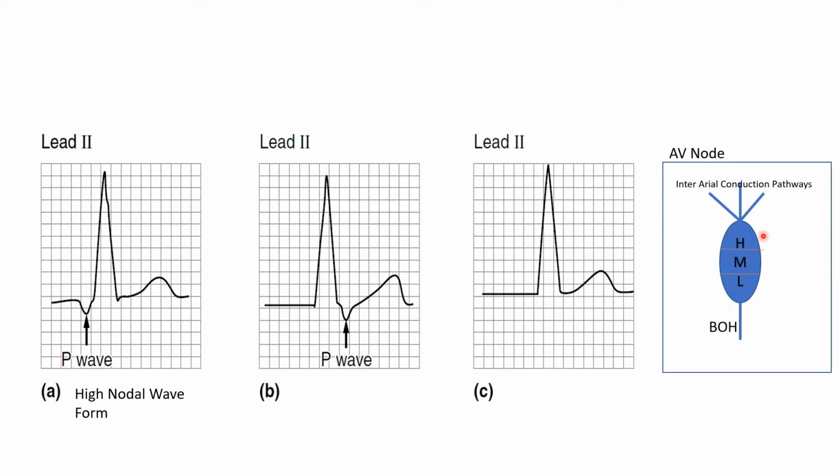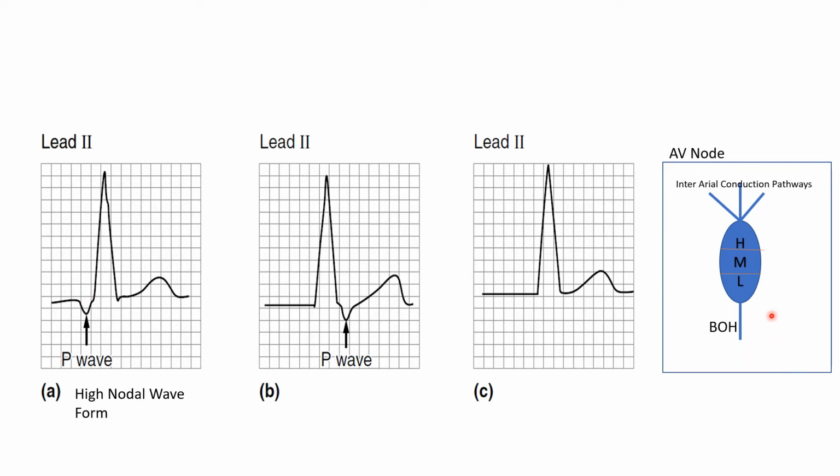Here you can see the high nodal area, mid-nodal area and low nodal area of the AV node. If impulses are generated from the high nodal area, they first reach the atria and, after a little delay, the ventricles. So the atria activate prior to the ventricles and you can see a P wave just before the QRS complex.